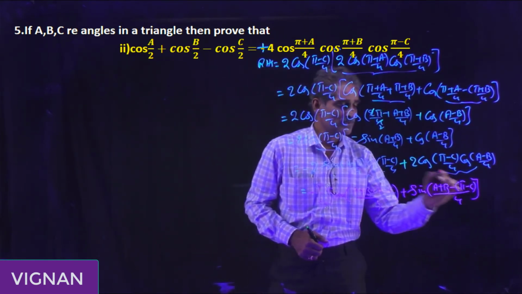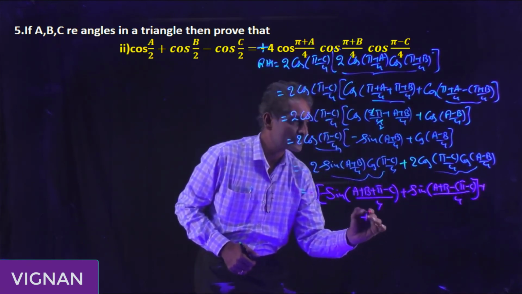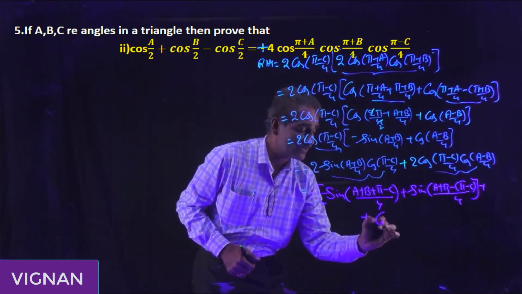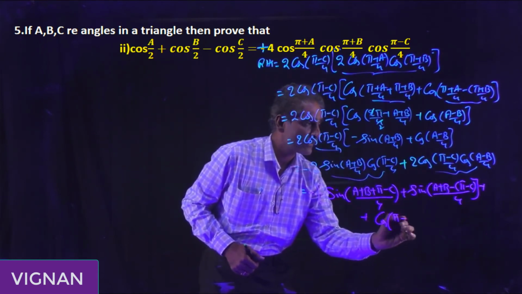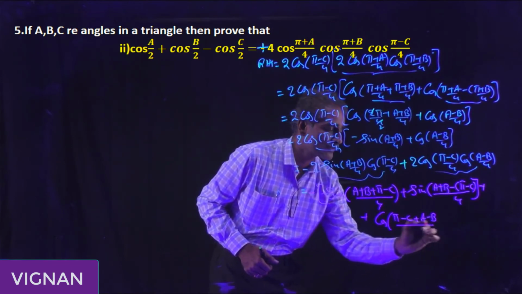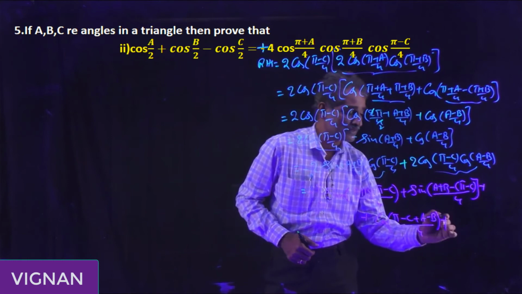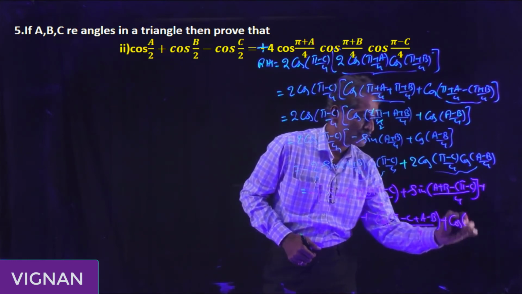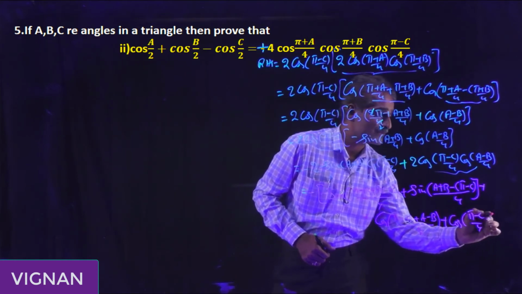Next two terms are 2 cos A cos B: plus cos of (A plus B), that means (pi minus C) by 4 plus (A minus B) by 4, plus cos of (A minus B).